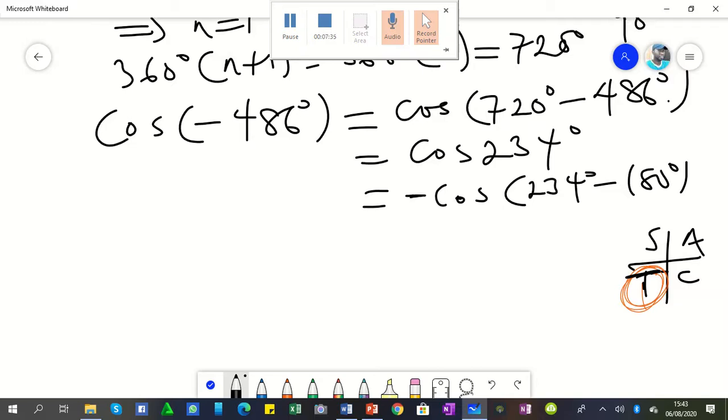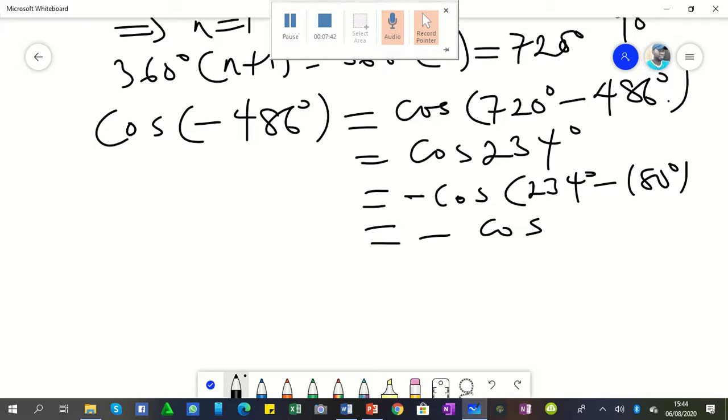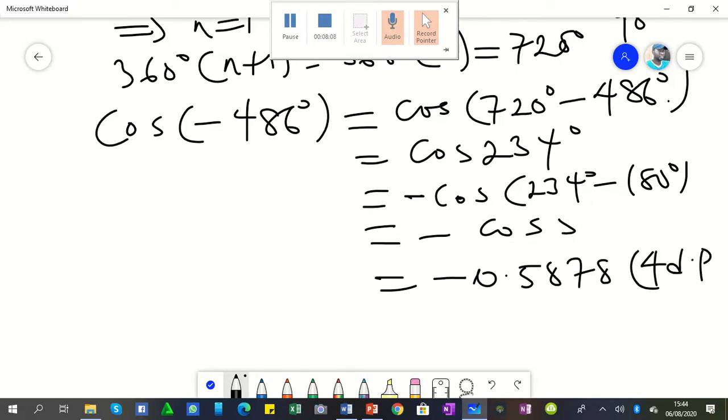And when we continue with this, we should have it to be minus cos 54 degrees, which of course we can now proceed with, finding the cos of 54 using our 4-figure table. So if you do that, we should be able to get cos 54 to be 0.5878 to 4 decimal places.